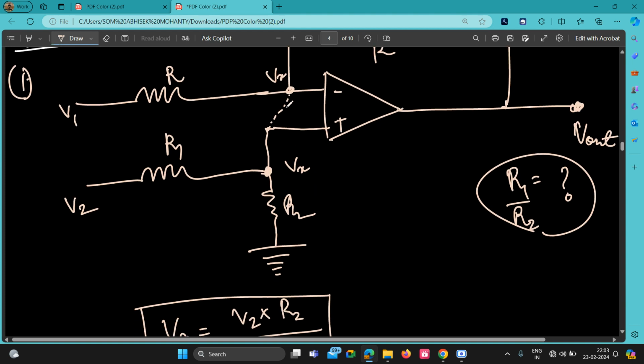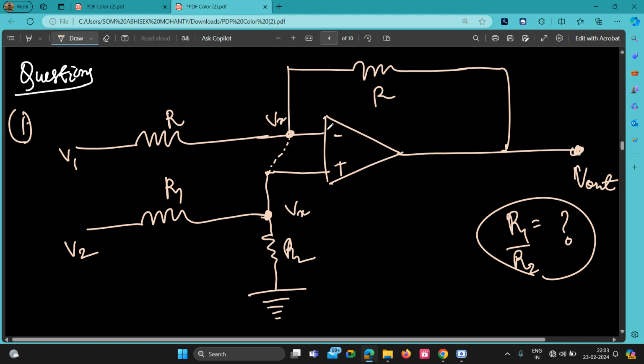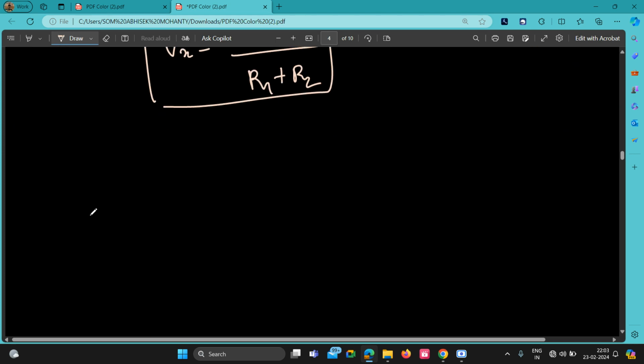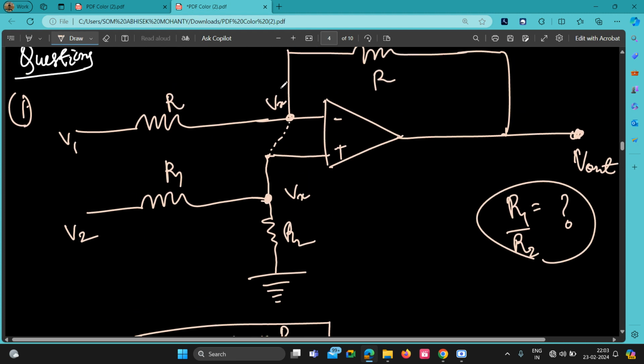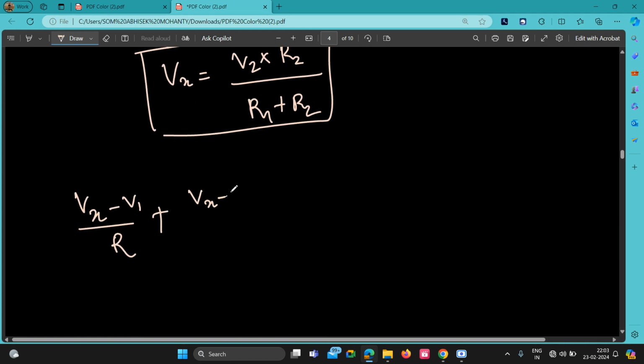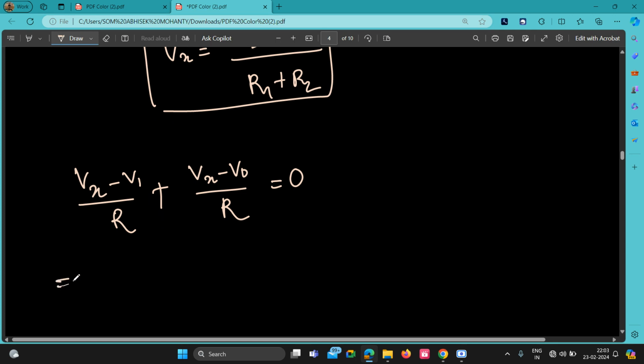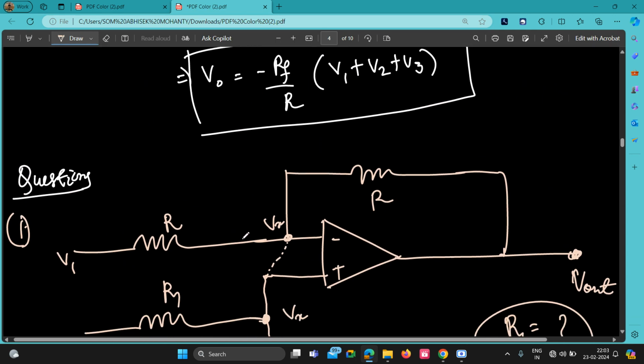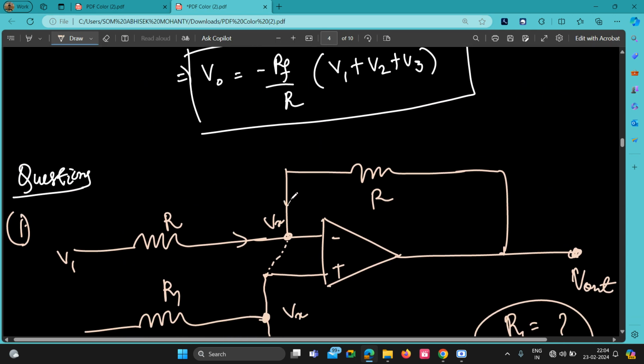The virtual ground concept will be used, and this will be your Vx. So if I use nodal analysis here, I will get Vx minus V1 by R plus Vx minus V1 by R plus Vx minus V naught by R is equal to 0, isn't it? Why am I doing it 0? Because the summation of current at one junction is zero.